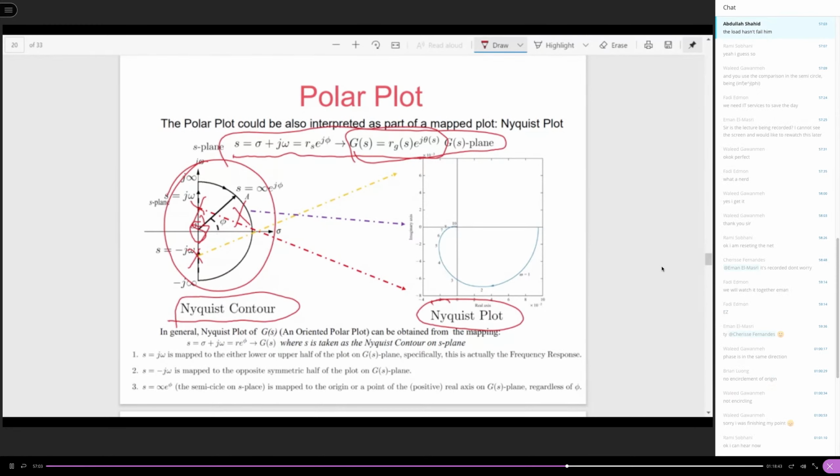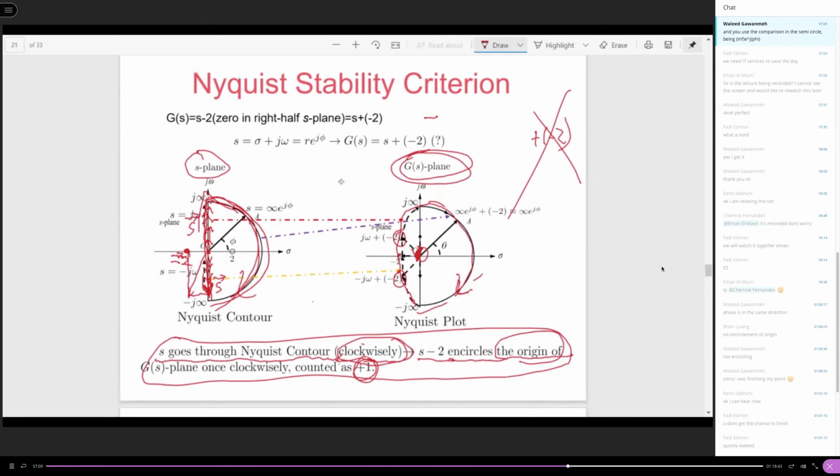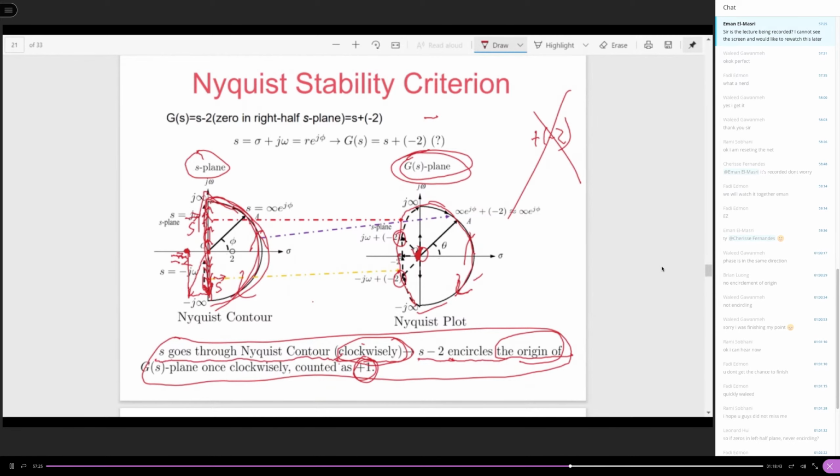For example, if you have right half plane zeros, and you choose the counterclockwise on the Nyquist contour as a positive direction, then you're going to see the encirclement is going to be counterclockwise too, same direction as that one. So you still can count it as 1 because you choose counterclockwise as a positive direction, right?